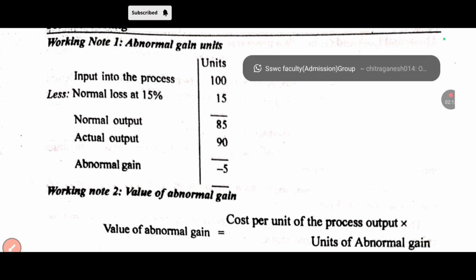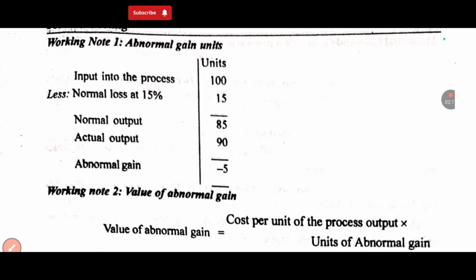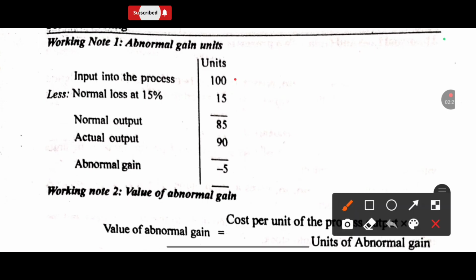Abnormal gain units. Listen. How many input units do we have? Input units are 100. How much normal loss do we have? Normal loss is 15%. Whatever percentage normal loss we have, it is to be calculated on the input units.